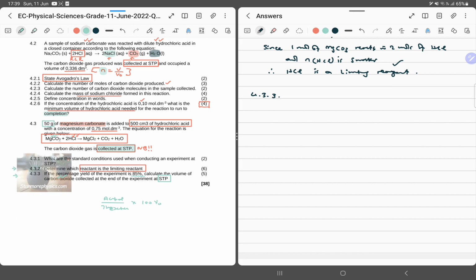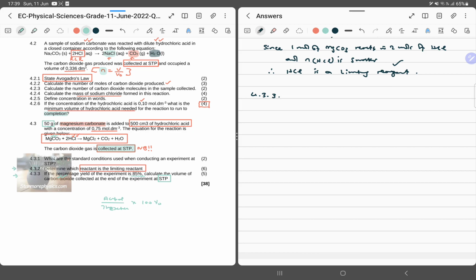Because the theoretical is going to be the number of moles. Of course, this one will be expunged completely. Then it will be the one that we can use to get the carbon dioxide. And then once we get the number of moles of carbon dioxide, we use our stories. But now my problem is, how is this helping? This technically is trying to suggest that we need to find the actual number of moles. Right.